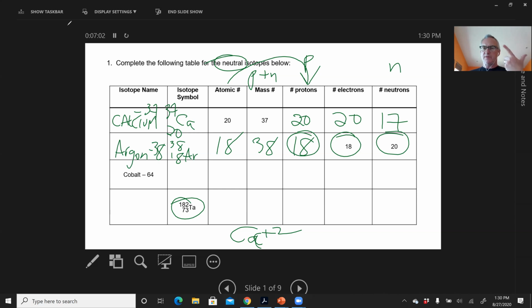And a lot of times when you see isotopes, sometimes the atomic number won't be there. Sometimes you'll just see 38 argon. And the reason for that is if we know what the element is, we already know what the atomic number is. We already know it's 18. And so it's extraneous information.